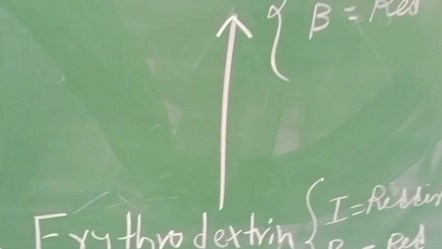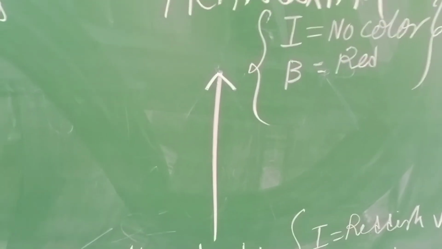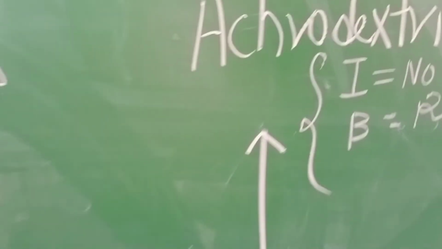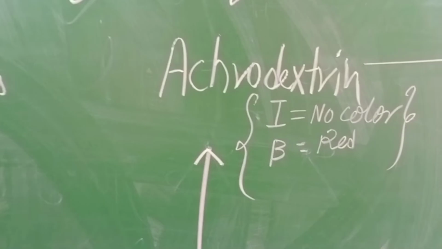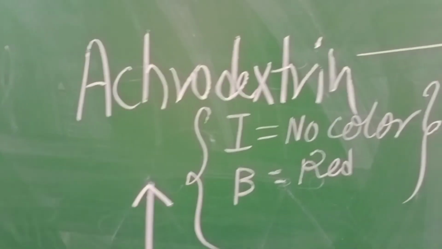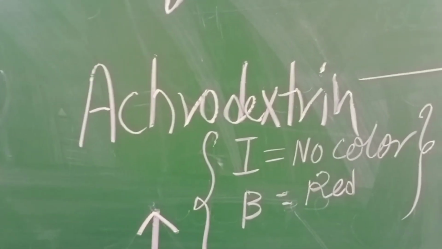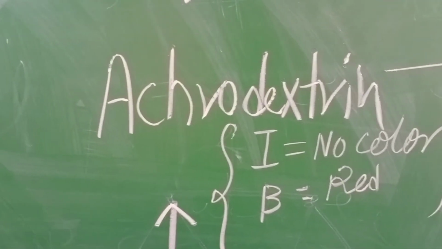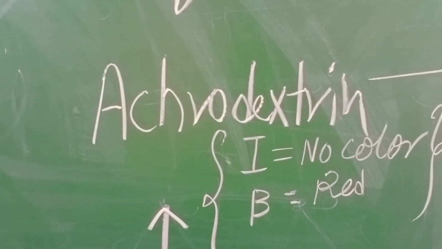So as the reaction is proceeding, our main target is to get the simplest unit from starch, to totally hydrolyze our starch. The third intermediate product after the erythrodextrin which we obtain in our reaction is the acrodextrin.